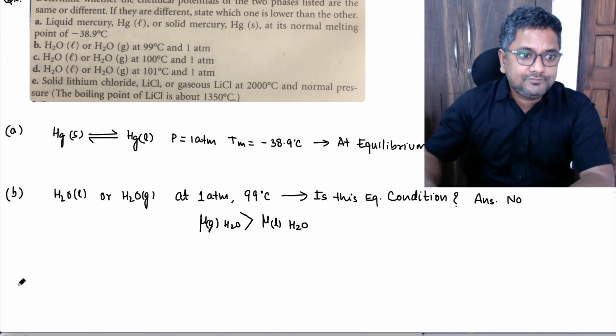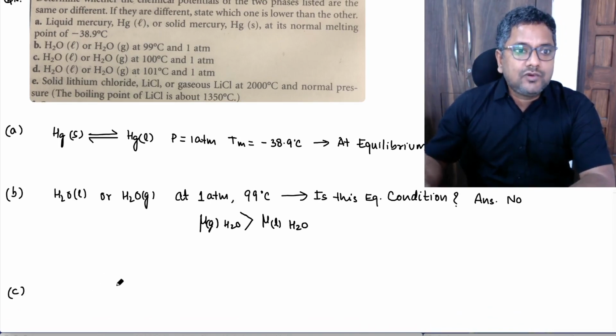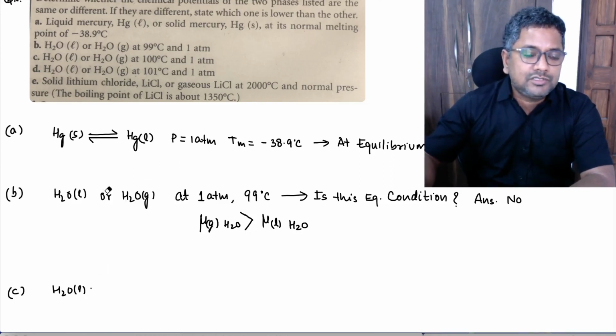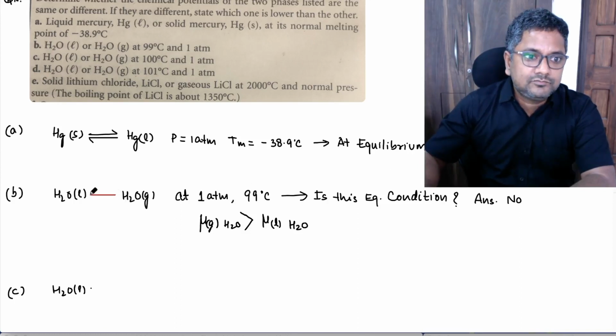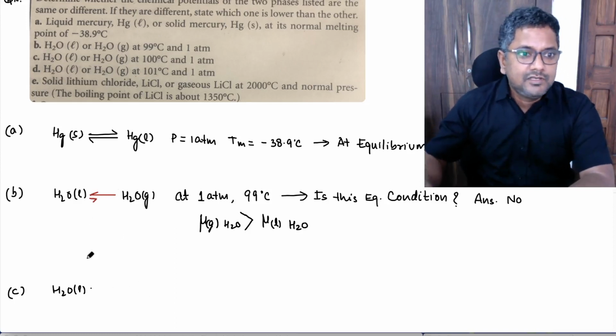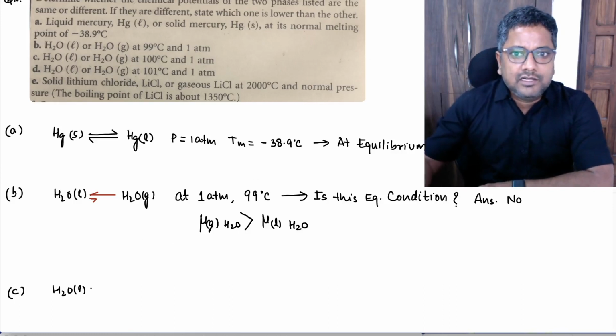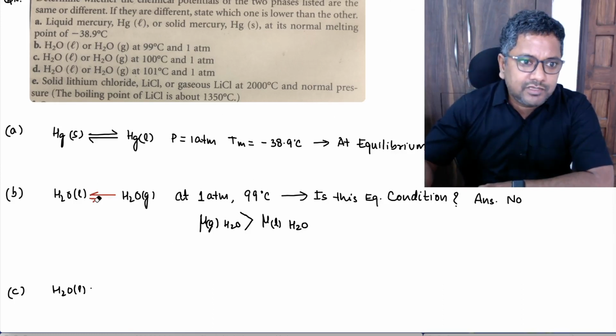See, part C is given: H2O liquid or H2O gas at 100 degrees Celsius and 1 atm. So here which kind of arrow can you put? You can put an arrow like this, but you cannot say the system is under equilibrium, so remove this arrow and put this kind of arrow.